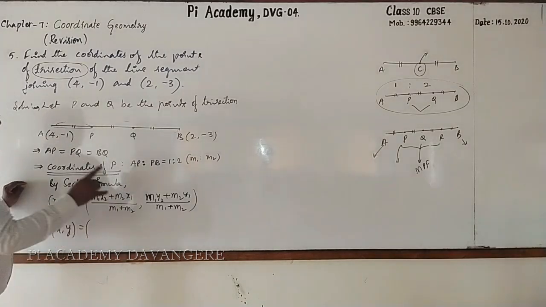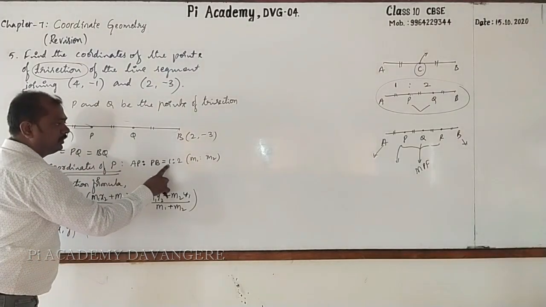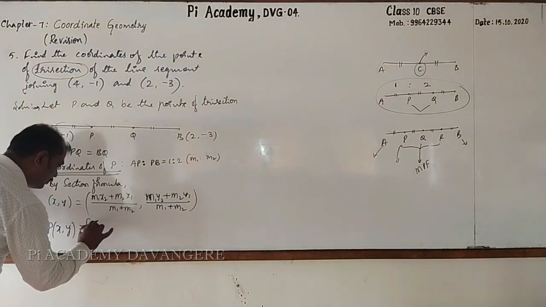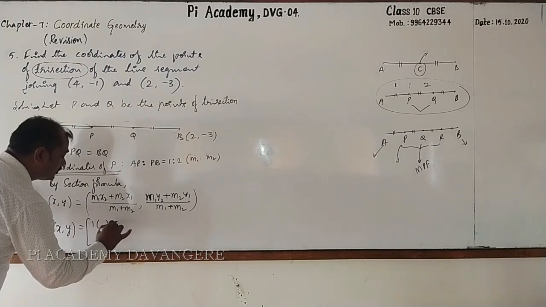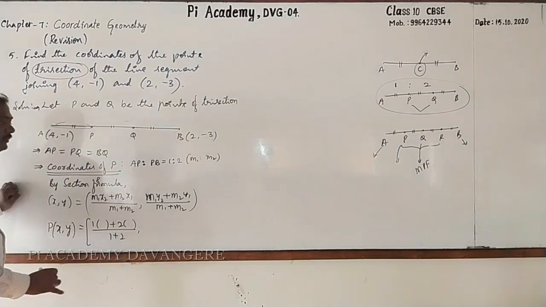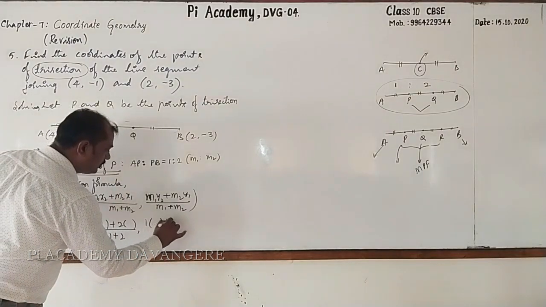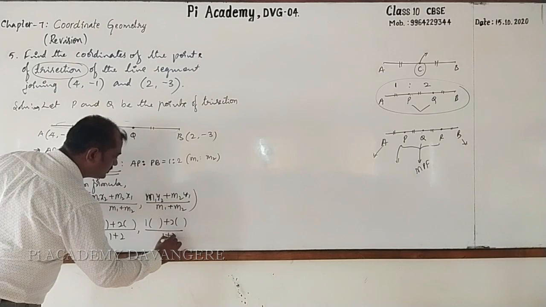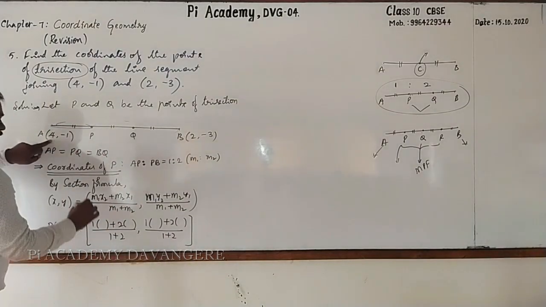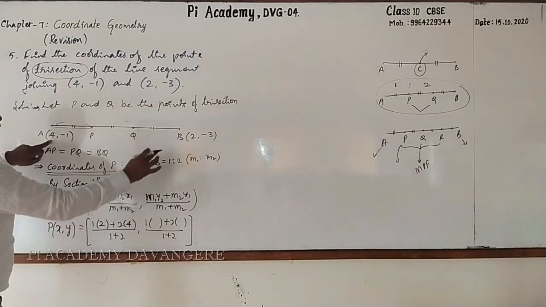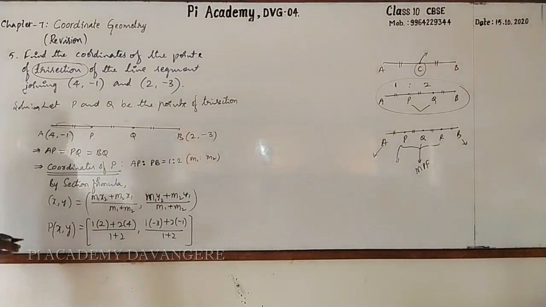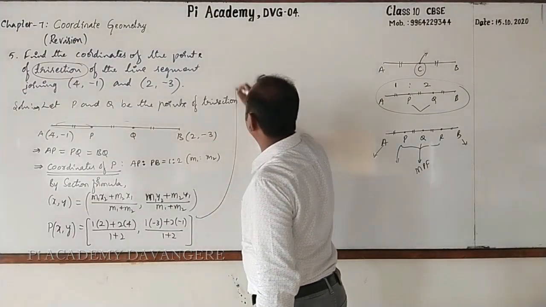Substitute first m1 and m2. What is m1? 1. m2 is 2. Here I'll write 1 into x2 plus 2 into x1, over 1 plus 2. Next here also 1 into y2 plus 2 into y1, over 1 plus 2. x2 and x1 are 2 and 4. y2 and y1 are -2 and -1. Followed? Let me continue.